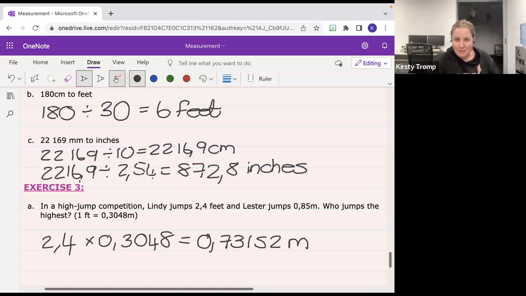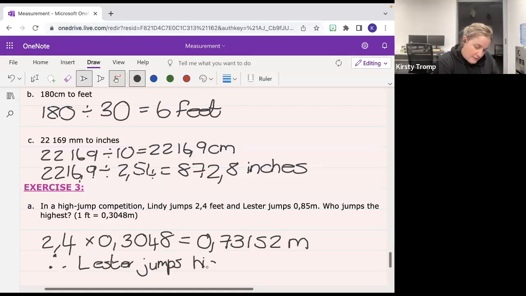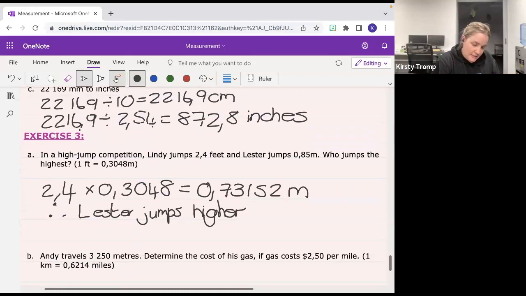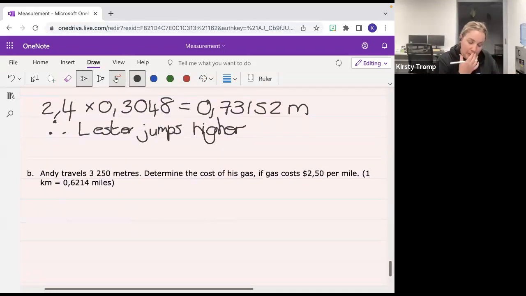Which one's higher? Awesome. So therefore, good, we must always finish the question off. Lester jumps higher. Fantastic, well done.